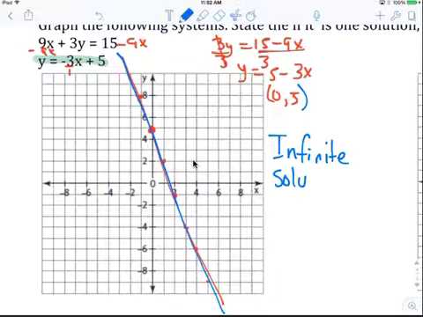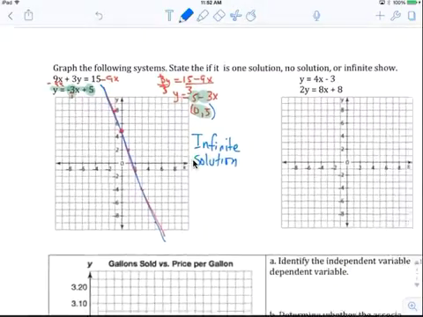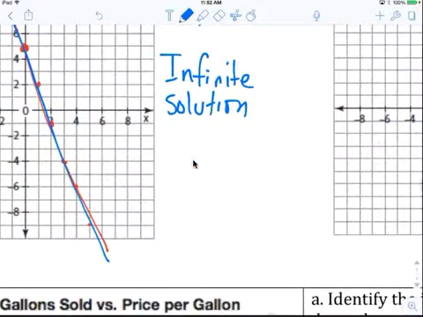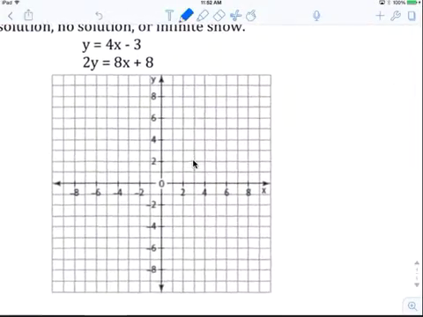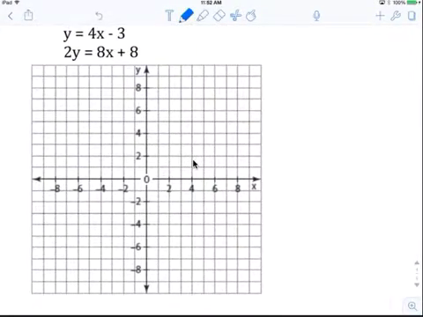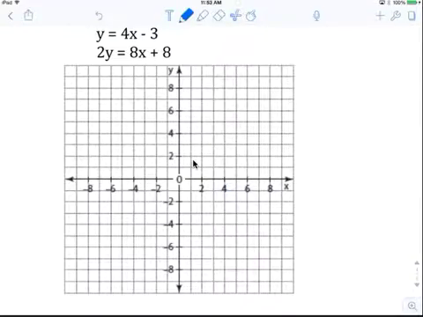Because as you notice, when the y-intercept is the same and the rate of change is the same, it's basically the same line. Does it ask you to explain? Nope, it does not. Make sure you write, if I ask to explain on the test, that the slope and the rate of change is the same.